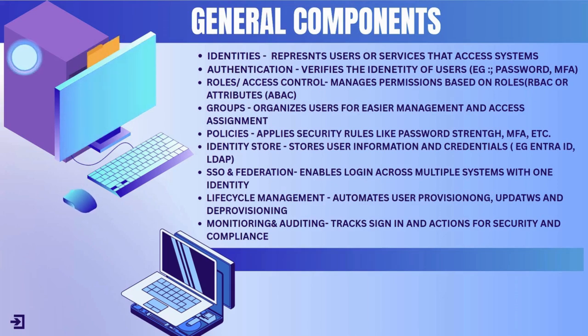Groups help you organize users. Policies are security rules like password length or multi-factor authentication. The directory stores all the user information. Single sign-on is one login for all applications. Lifecycle management automates user creation, update, and removal. Monitoring and auditing tracks activities for safety.